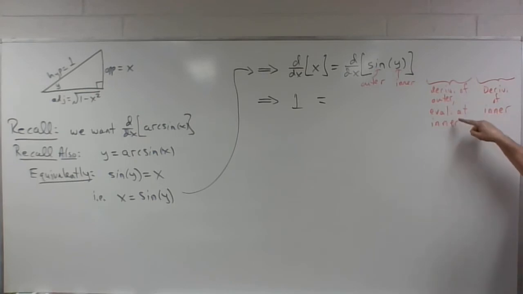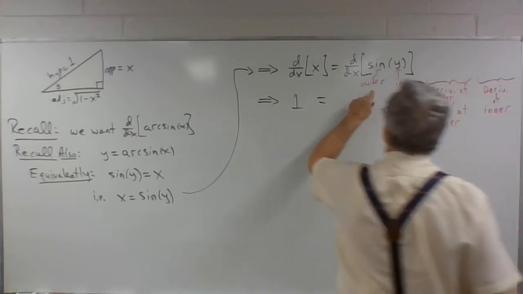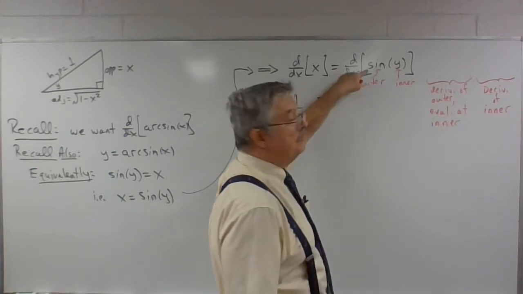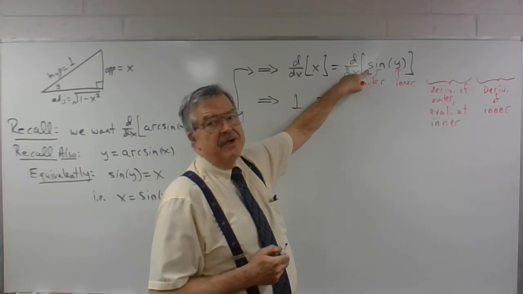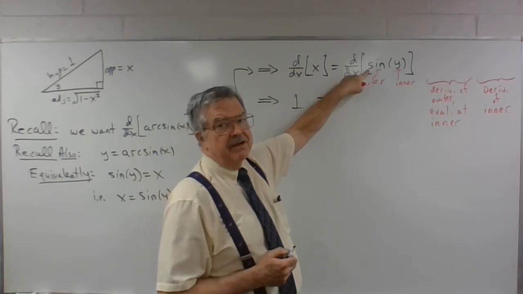Derivative of the outer evaluated at the inner times the derivative of the inner. Here's the outer. Sine evaluated at something. The derivative of sine of x is cosine of x.